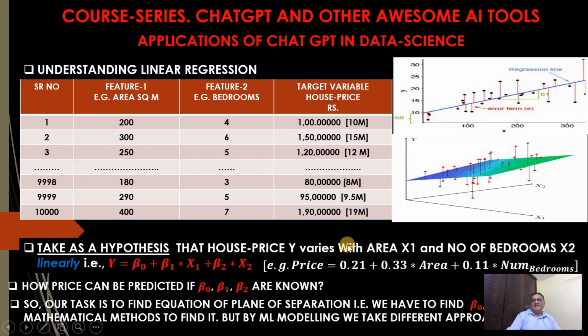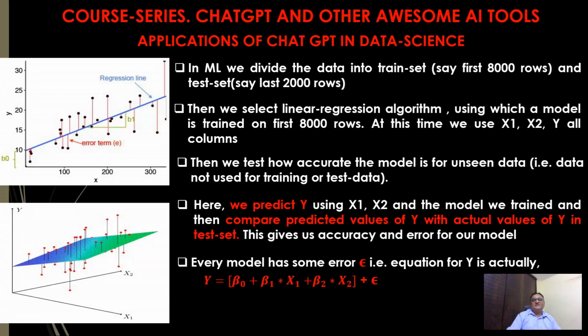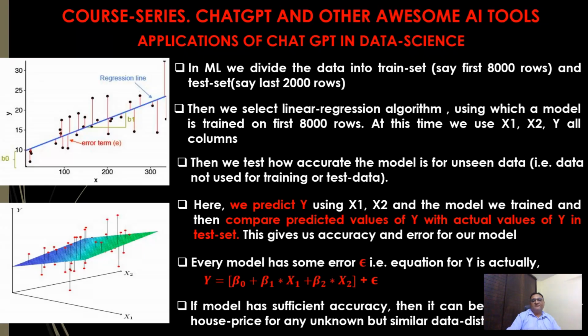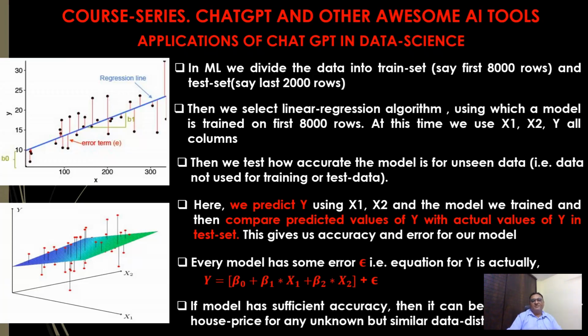Then I can use this model to predict, or rather find, the value of y. Of course, that prediction would be with around 95% or 96% accuracy, depending upon how good a model we are able to make. Okay, so that is what regression is.